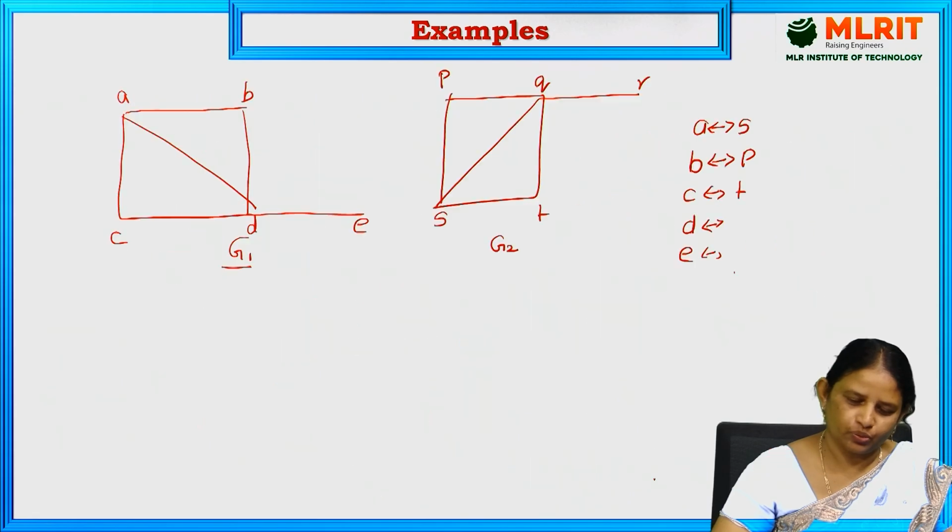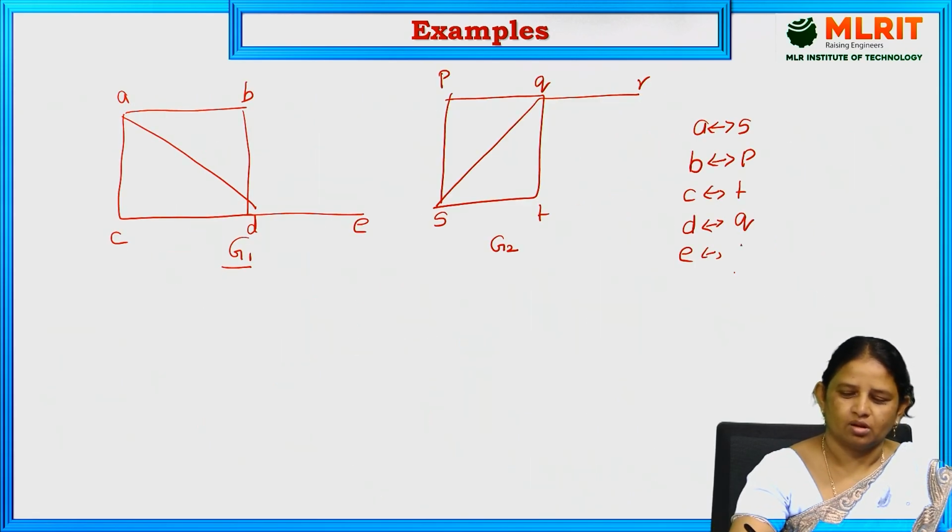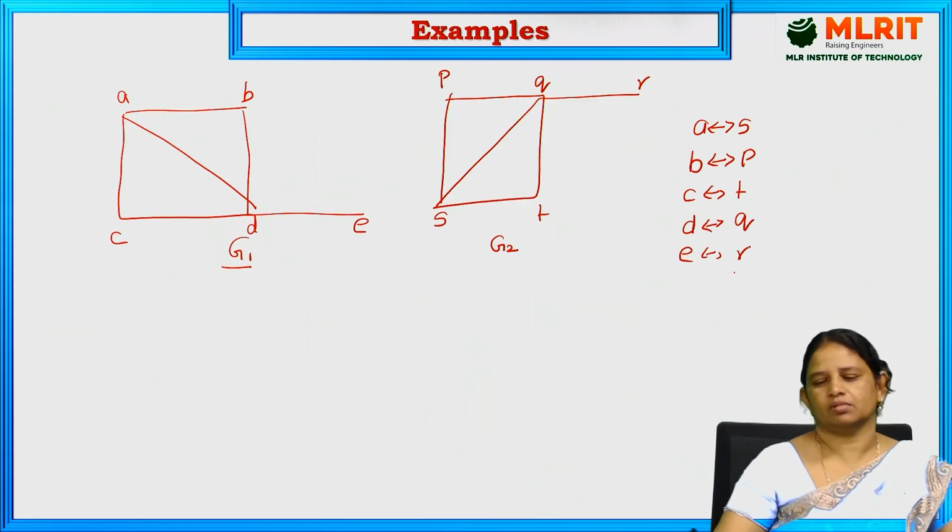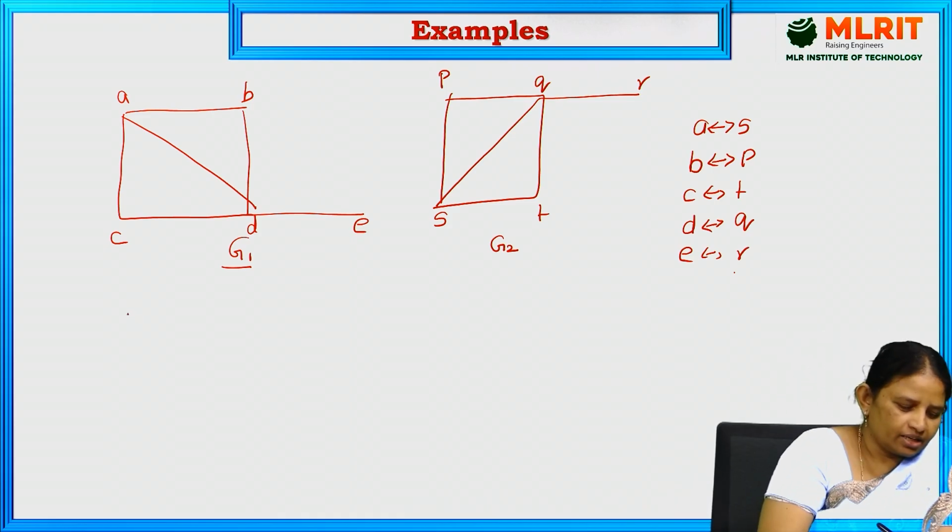D is Q, or E is R. Now we need to draw the adjacency matrix A, B, C, D, E.